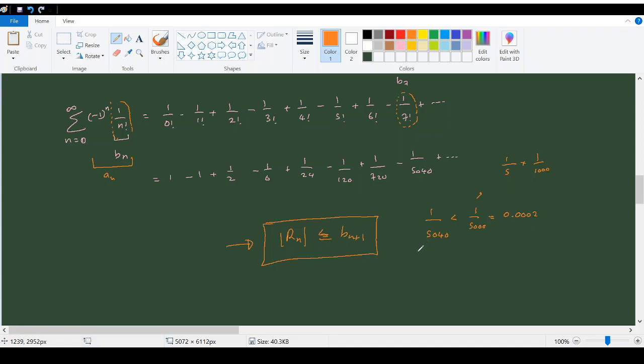And that means B7 was less than 0.0002. Therefore, from the alternating series estimation theorem, we have this relationship, okay?